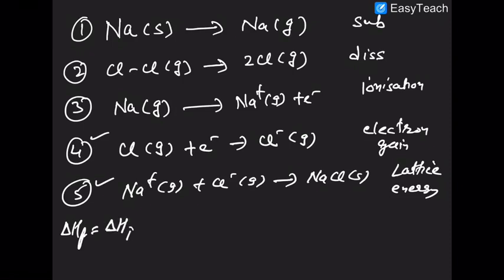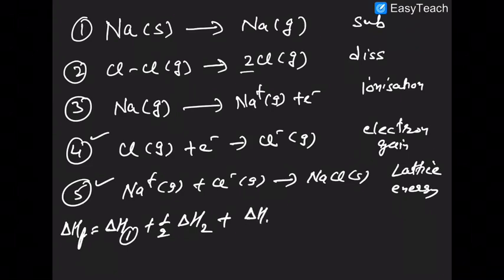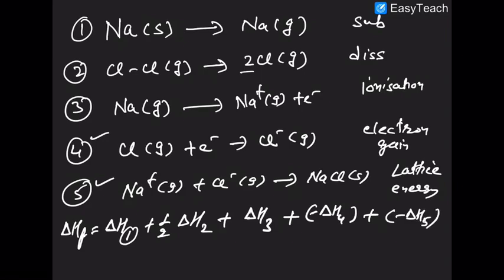Delta H1 plus half delta H2. Why? Because only one atom is required, so you divide by 2. Plus delta H3 plus, actually it is energy release, so minus delta H4 plus minus delta H5.